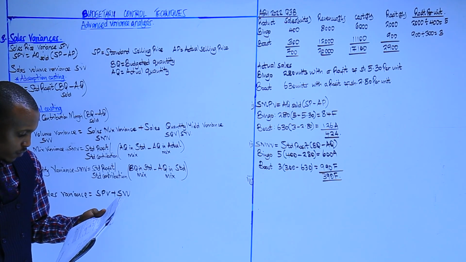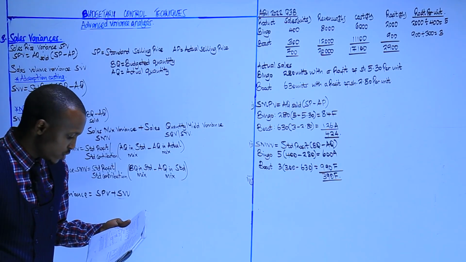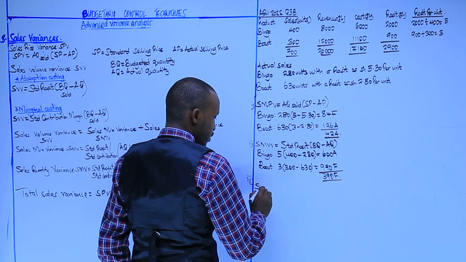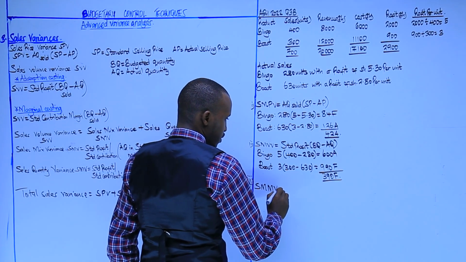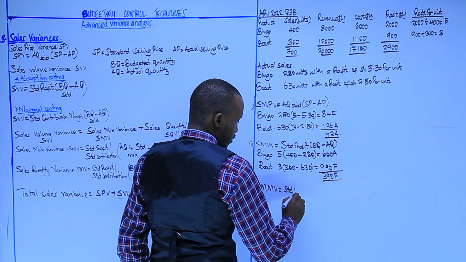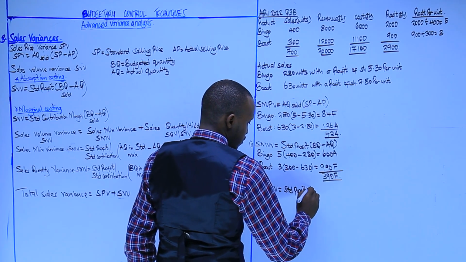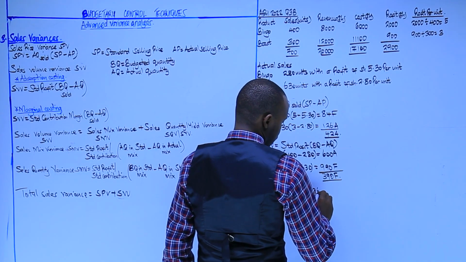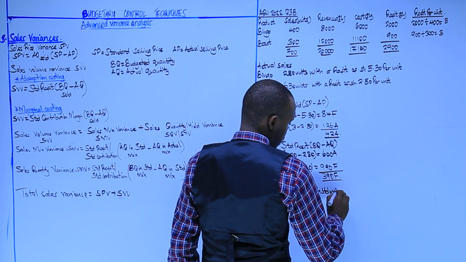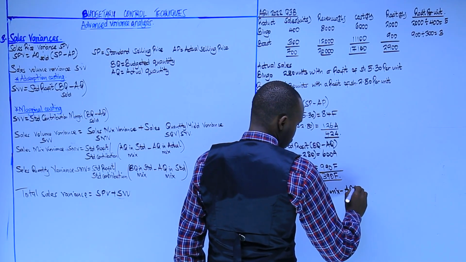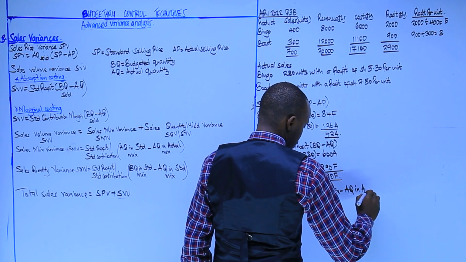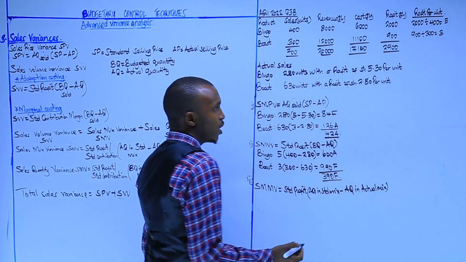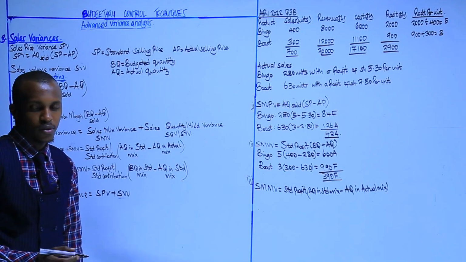They are asking for your sales margin mix variance, which is your standard profit times your actual quantity in standard mix minus your actual quantity in actual mix, or simply your actual quantity.